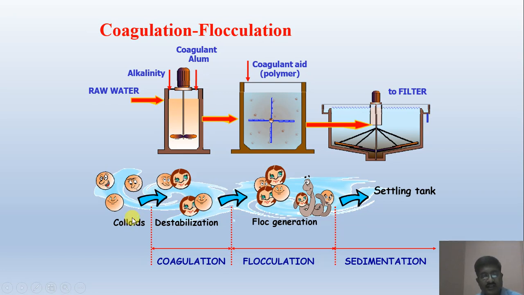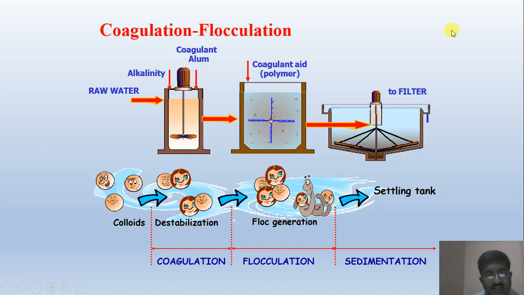Because of adding the chemicals in this coagulation process, flocs are generated, particles are brought together, and because of floc formation they become heavy and settle. They are sent to the settling tank, sedimentation takes place, and they are removed.